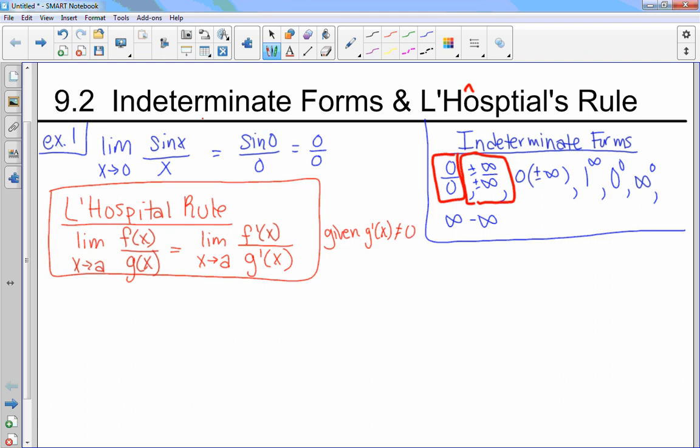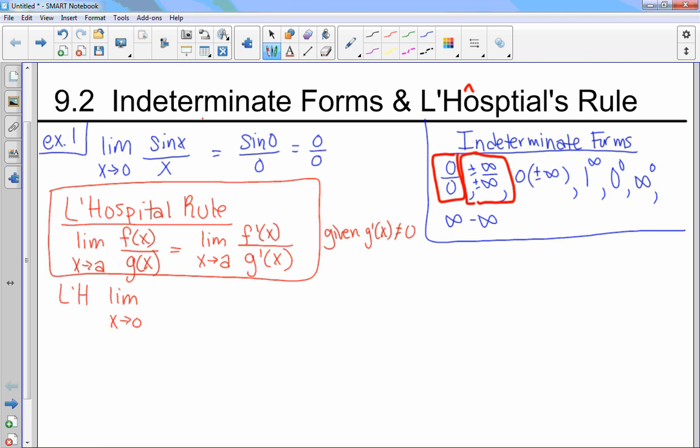Okay? So, back to example 1, if we apply L'Hopital's rule, the limit as x approaches 0 doesn't change, but we take the derivative of the numerator separate from the denominator. What's the derivative of sin x? Positive cosine. Wait, so when you're taking a derivative, the ones that change signs are the co-functions.